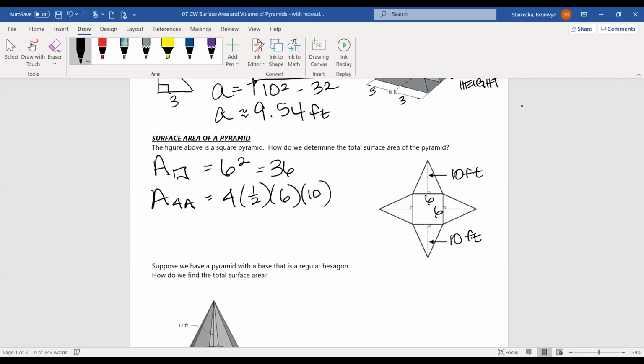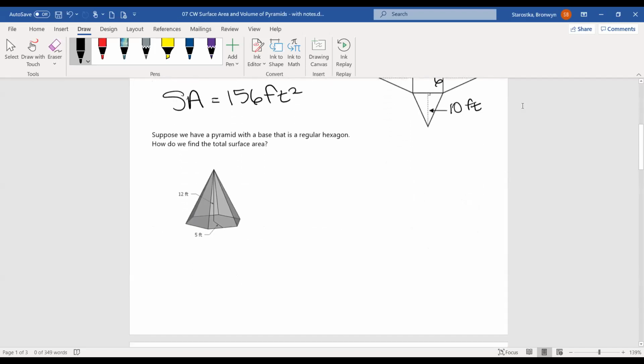So the height of the triangle, that's the face, versus the height of the pyramid, which is 9.54. So our total surface area is going to equal 156 feet squared.